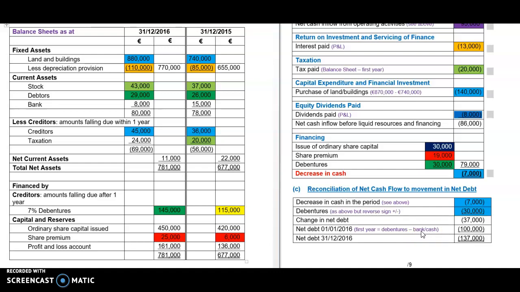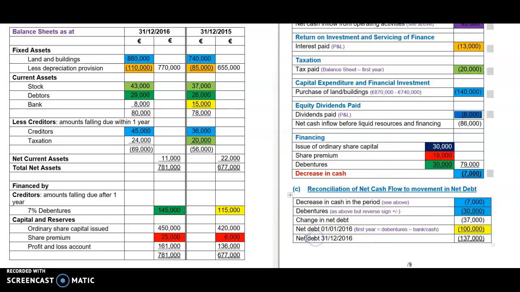So we're going to look for bank or cash. In our current assets, we'll find bank. There's no cash in this particular question, and you can see it's €15,000. So what we have to do is subtract the debentures minus cash bank. So our debentures is €115,000. And we subtract the 15, which leaves us with €100,000.